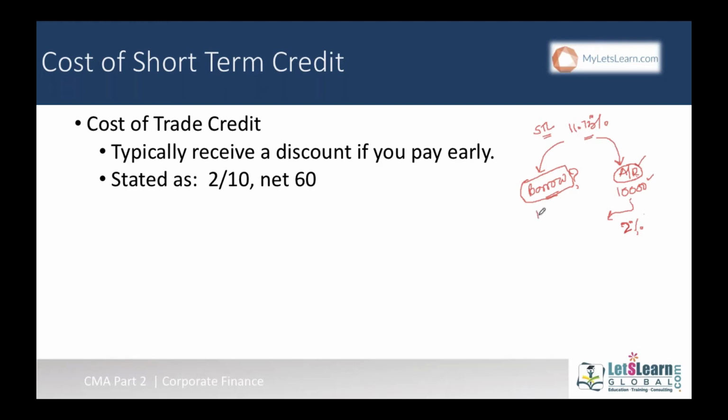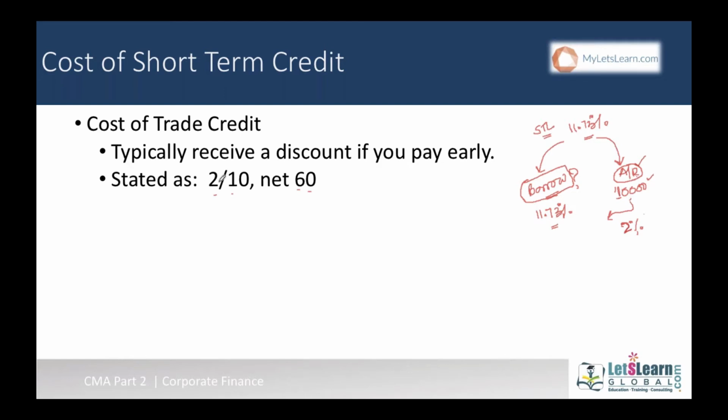Now let me tell you, in the previous calculation, the rate of interest when we borrow a loan of 10,000 from a financial institution, which is a discounted loan and having a compensatory balance, was 11.73. Now say, for example, a customer owes us 10,000 and we have credit terms saying 2 of 10 net 60. What does it mean?